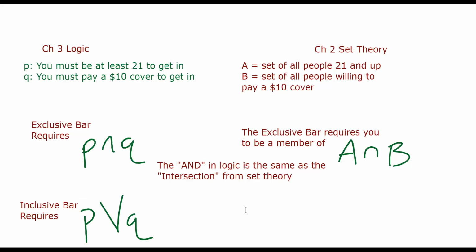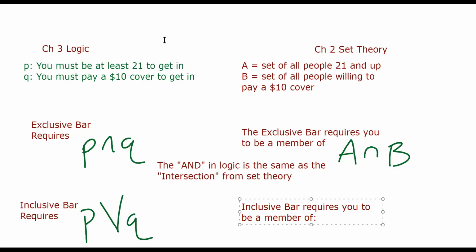In set theory, the inclusive bar requires you to be a member of, now instead of A intersect B, A union B. A union B is the set of all people either in set A or set B, or perhaps in both. The inclusive bar then requires you to be in the set of A union B.